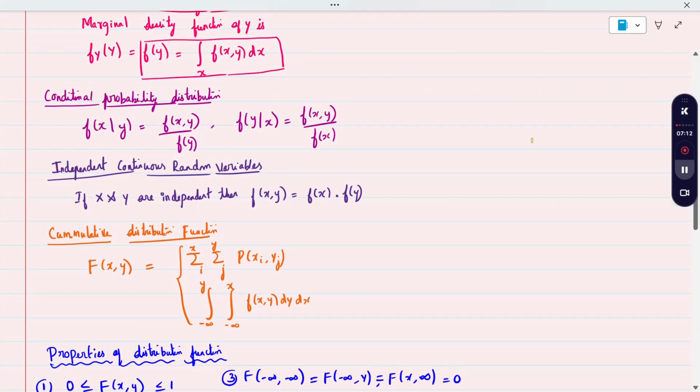F of x given y equals f of x comma y divided by f of y. F of y given x equals f of x comma y divided by f of x. In the same way, when they are independent, I can multiply both and write f of x comma y equals f of x into f of y. This is for discrete; that was a different topic. This is for continuous.